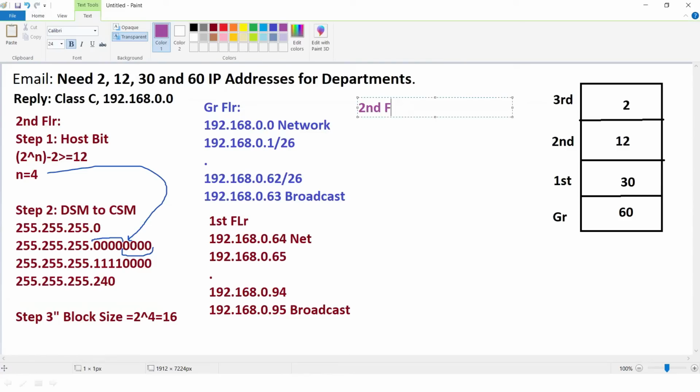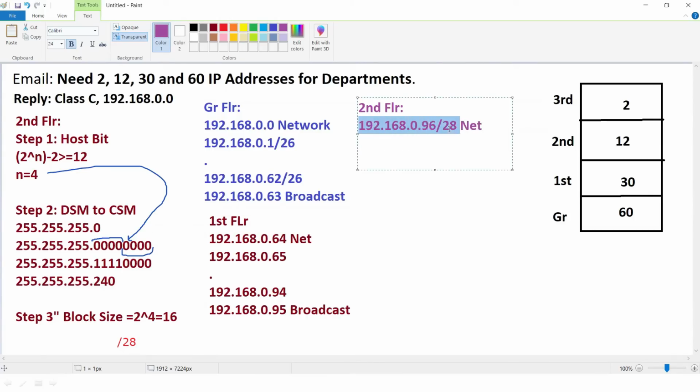Second floor. So the first IP address will be 192.168.0.96. The slash value for the above problem will be slash 28. So the answer will be slash 28. This will be our network.